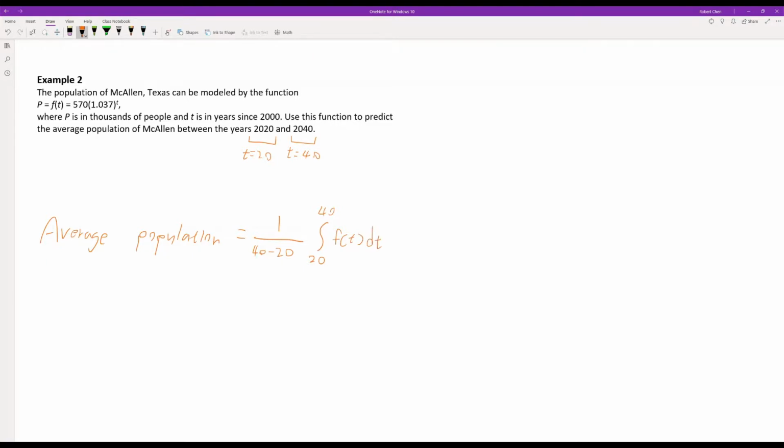The integral adds up all the population from 20 to 40, and then to find the average, we multiply by 1 over 40 minus 20, which is 1 over 20.